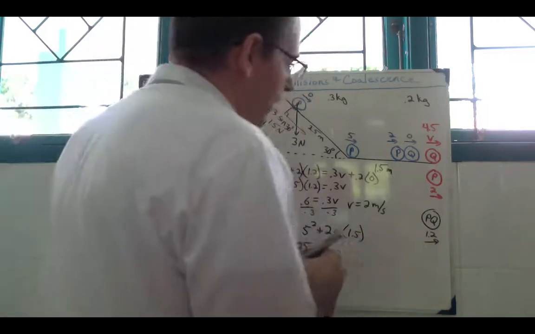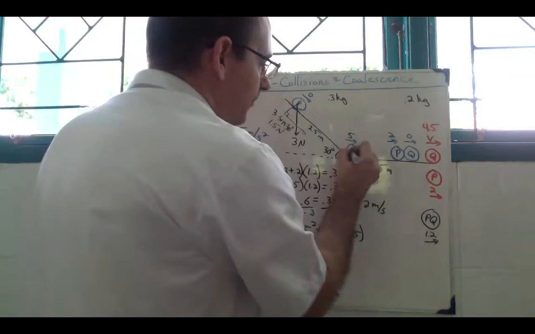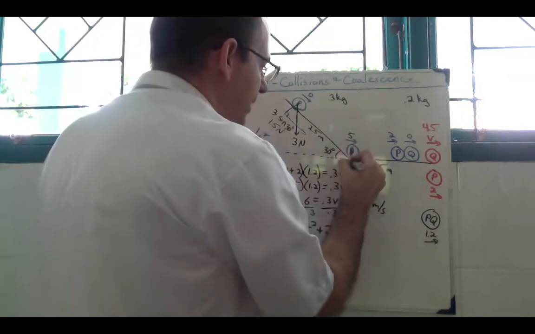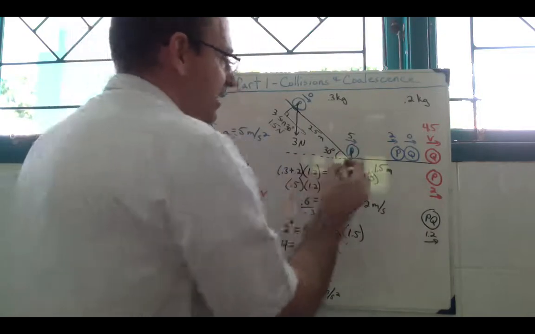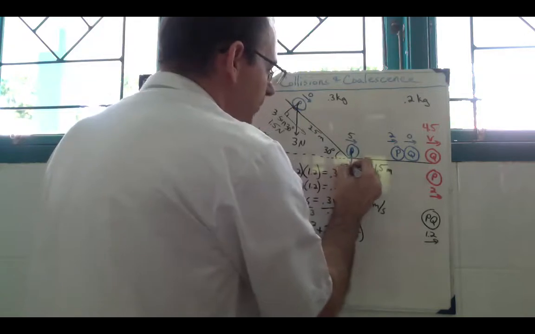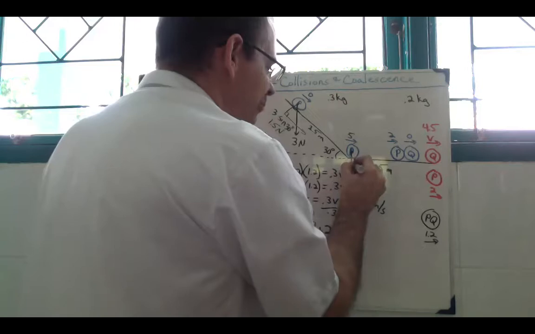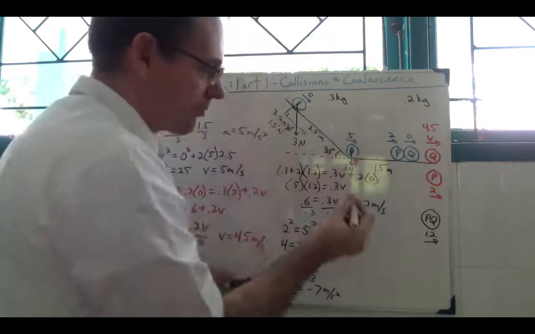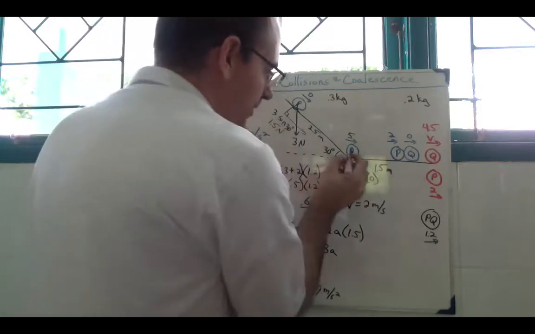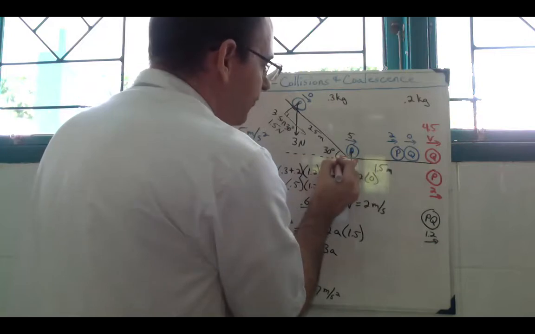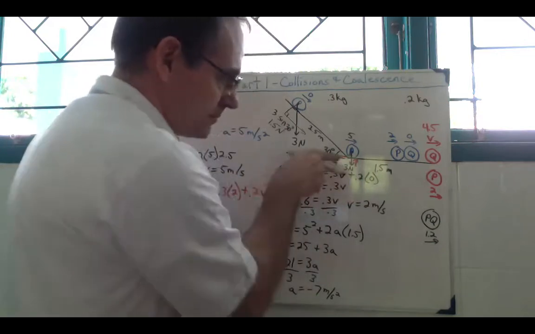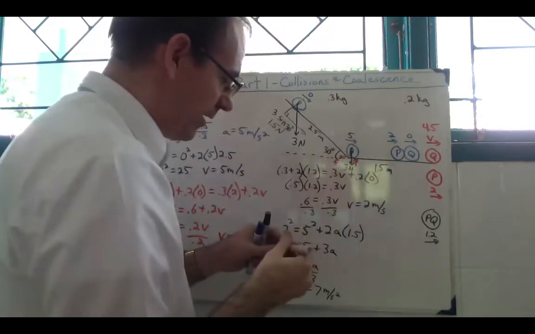So to do that, we need to resolve our force. Here we have 0.3 again, times 10 is 3 newtons. And our normal contact force will be 3 newtons the other way.